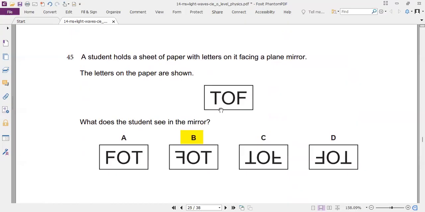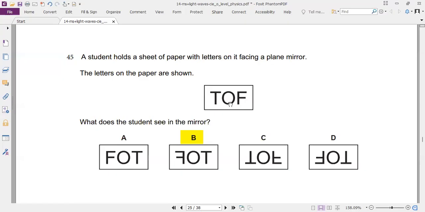Letters appear in front of the boy, the student. What should the student see in the mirror? So if the student looks into the mirror, it will be like this. So this is not the mirror, this is the image. Imagine you have this in front of you and the mirror is on your back.